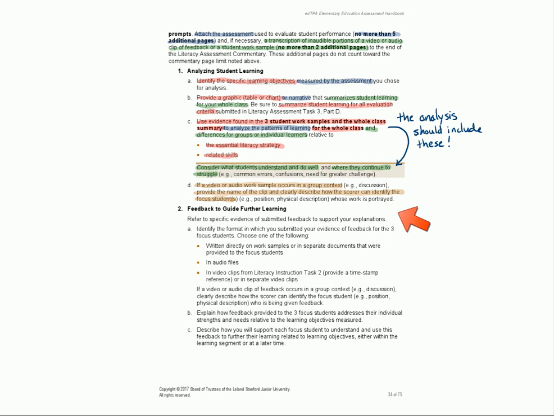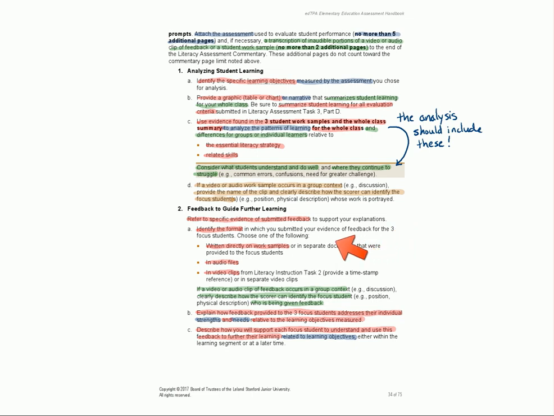Let's look at the next section, which is feedback to guide further learning. Now, the first statement says, refer to specific evidence of submitted feedback. Again, this is about what you've written on student work or the audio portions of audio clips or video clips. All right?